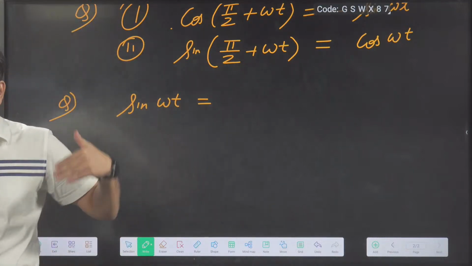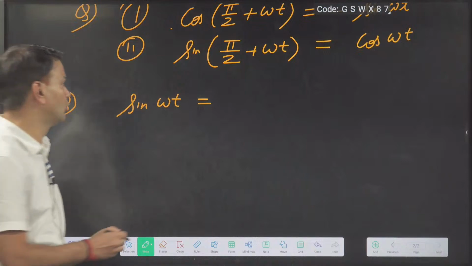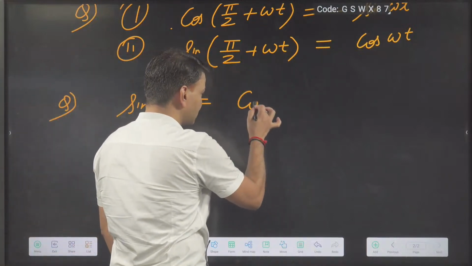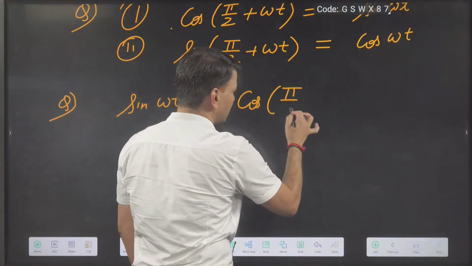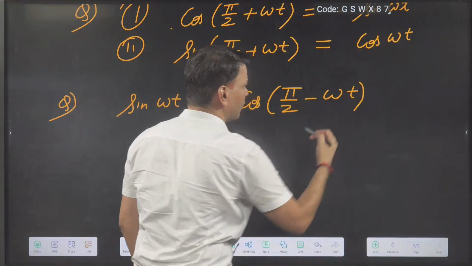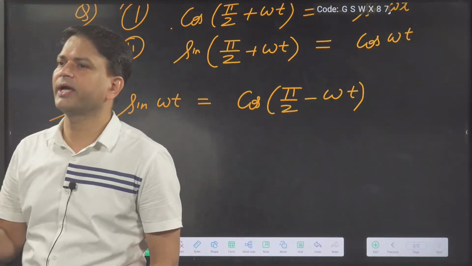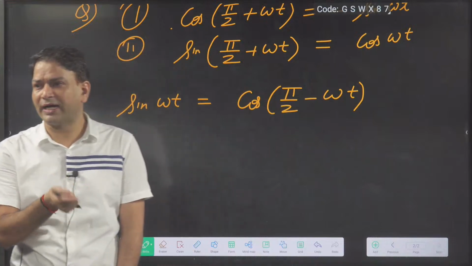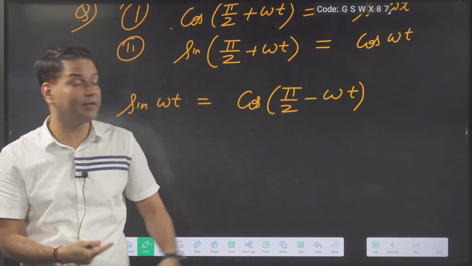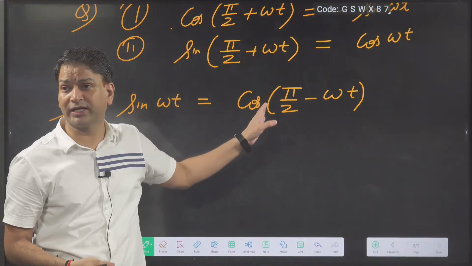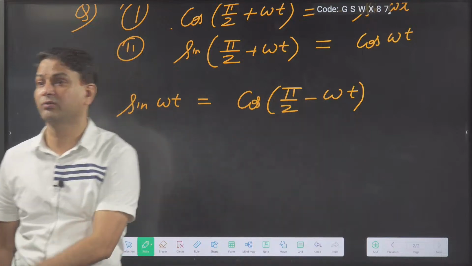So I want to convert sine into cos. What will I do? Cos of pi by 2 minus omega t. Now you can see pi by 2 minus means first quadrant. Now I am using cos, so cos will convert into sine, because I am using 90. What will you get?